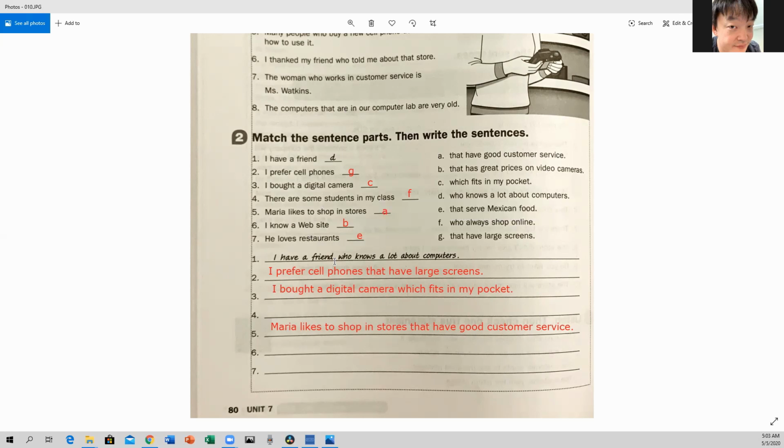Okay, so let me fix here. I bought a digital camera which fits in my pocket. Number 4. There are some students in my class who always shop online. Number 6.